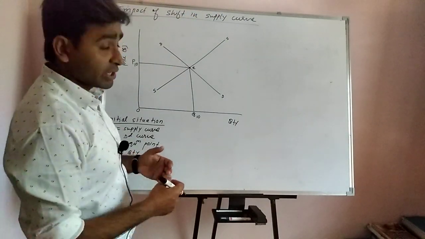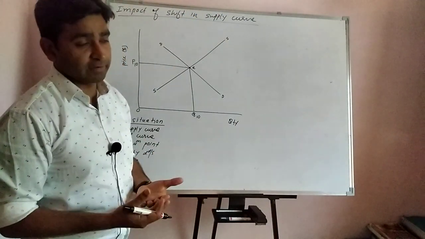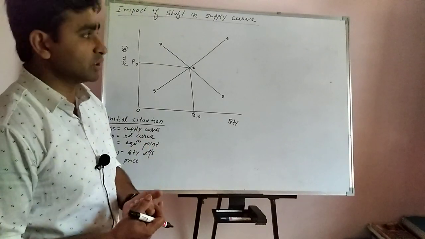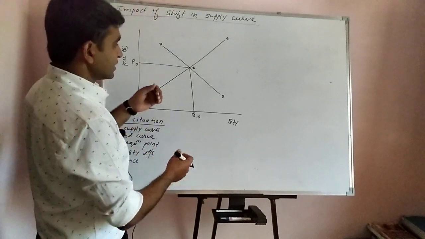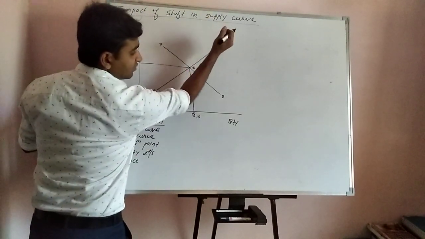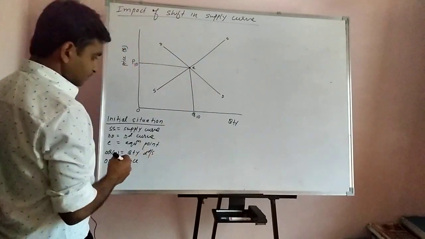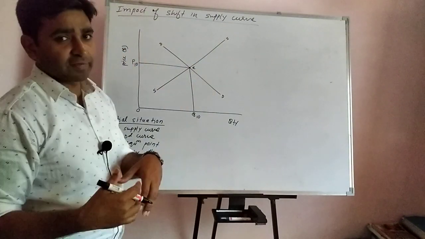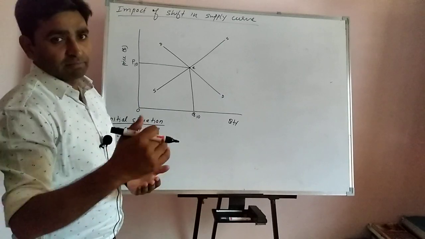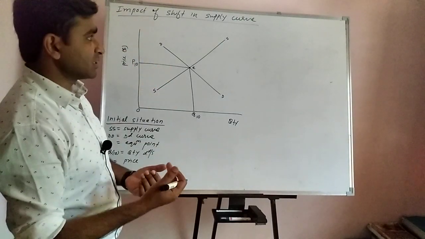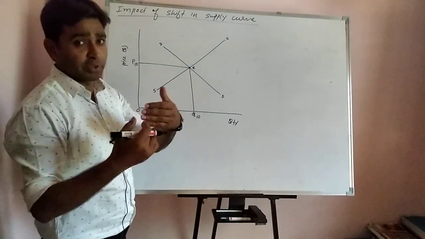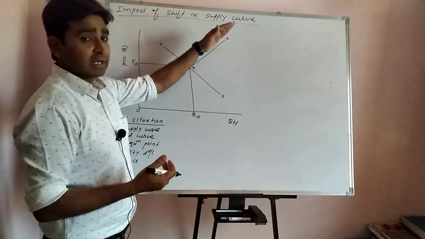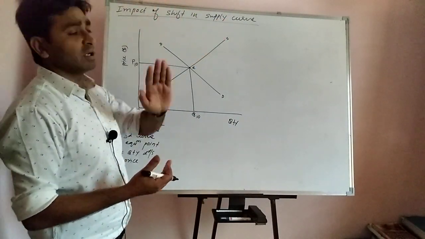Number one, in case of subsidy, if the government gives a subsidy to the producers, they'll supply more and the supply curve shifts to the right. And in case of taxes, if taxes increase, the producer or the firm will supply less and the supply curve shifts to the left.